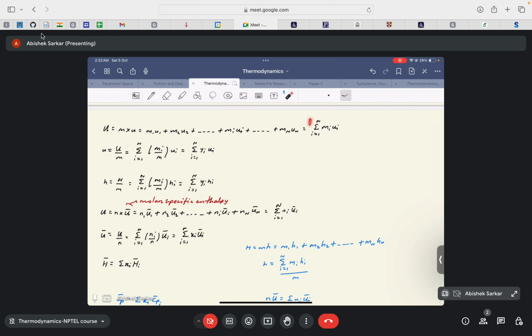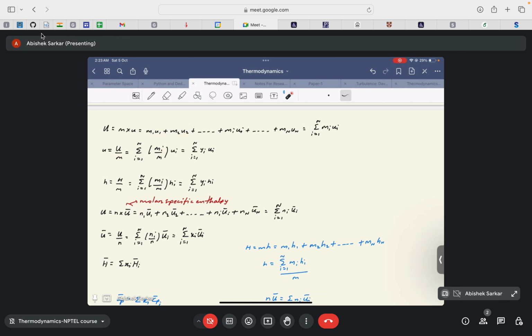Similar to the summation symbol that we used while defining the total mass or total number of moles in the mixture. So the small u can be given by capital U over m, or the summation of mi ui over m, where i varies from 1 to n. Now the ratio of small mi over small m gives us the mass fraction.